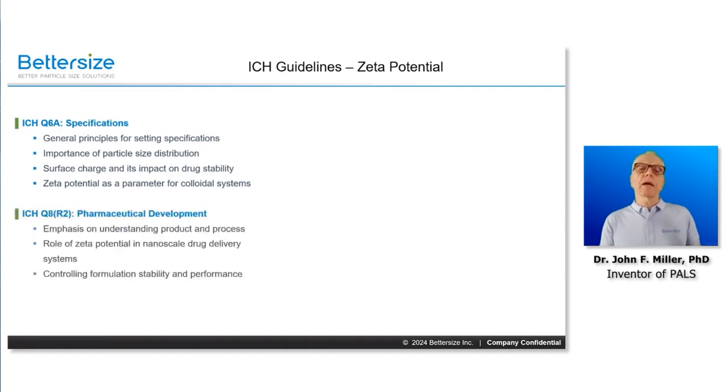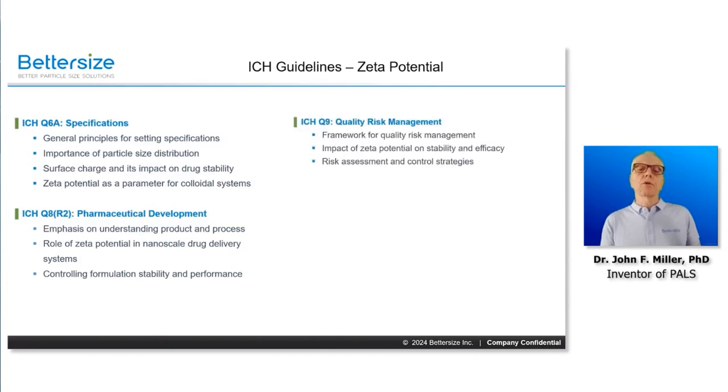Next, we have ICH Q8R2, which focuses on pharmaceutical development. In the context of Q8R2, zeta potential helps in understanding and controlling the stability and performance of nanoscale drug delivery systems. Moving on to ICH Q9, which deals with quality risk management.